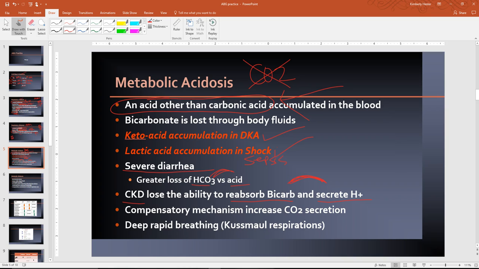Now, the one thing that'll happen is your body tries to compensate, and you'll get this deep, rapid breathing called Kussmaul respirations. And what that is, it's very rapid, deep respirations because the body is trying to blow off CO2, which is an acid, simply to help reduce the amount of overall acid in the blood.